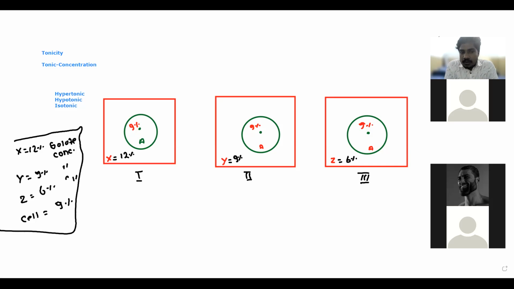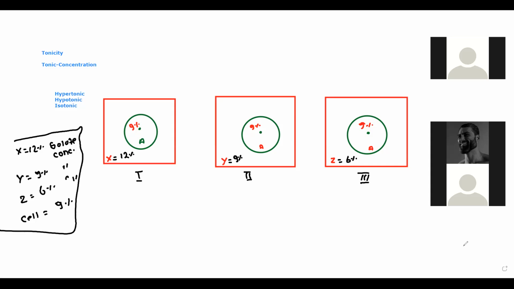And what about others? Mohammed, Zainab, Ashna, and I think Bhumi is also there. You can type your answer in the chat room also, but please do reply. I'm waiting. Please reply fast so that we can proceed ahead.